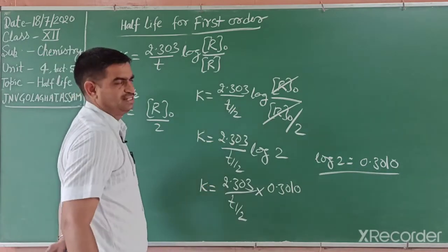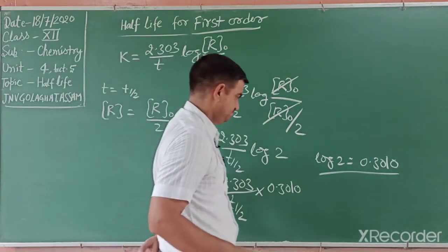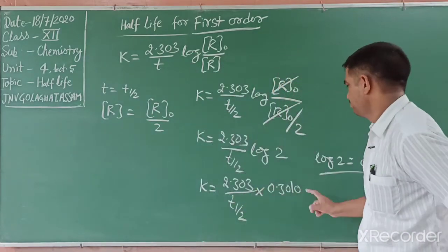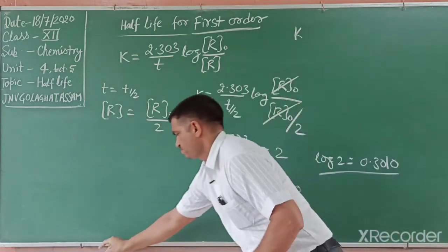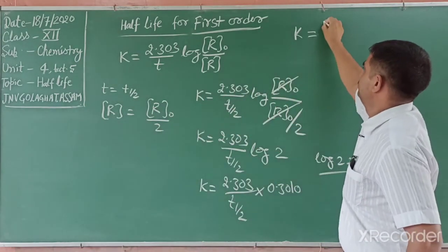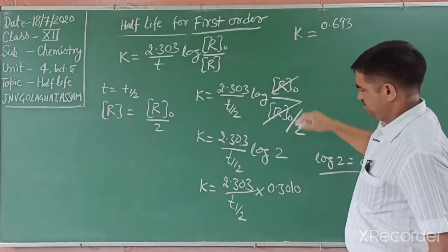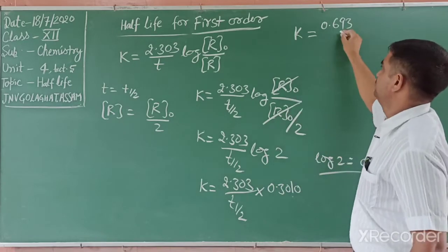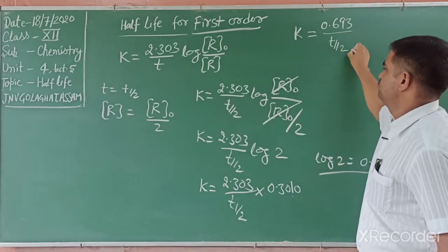When we multiply this, we find k is equal to 0.693 divided by t 1 by 2.